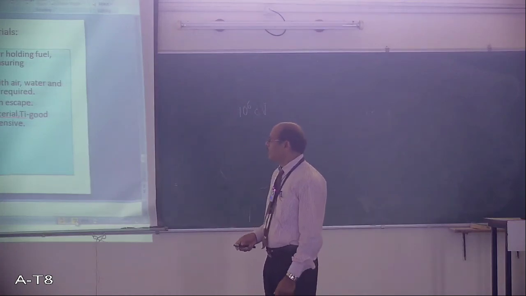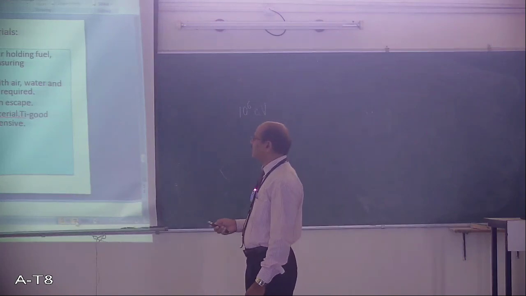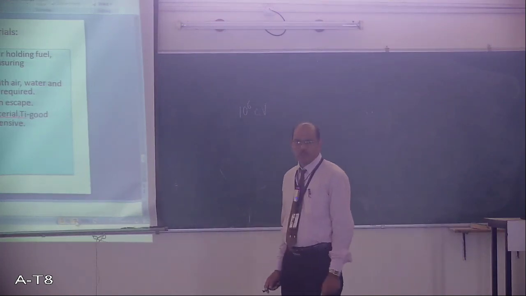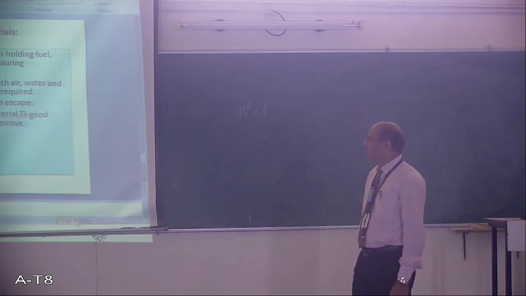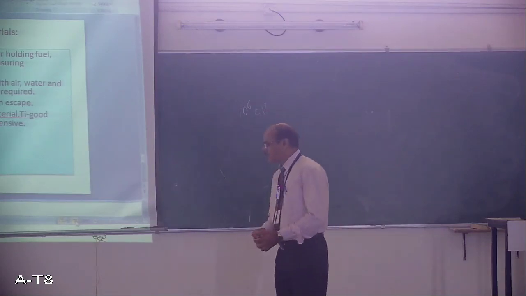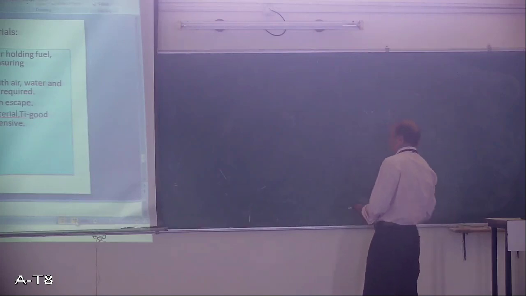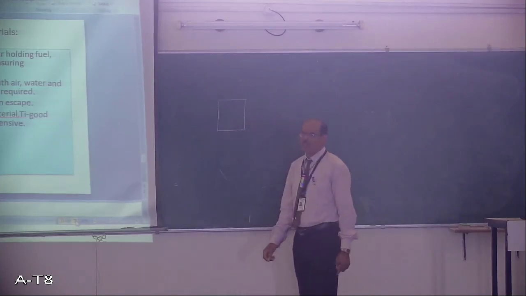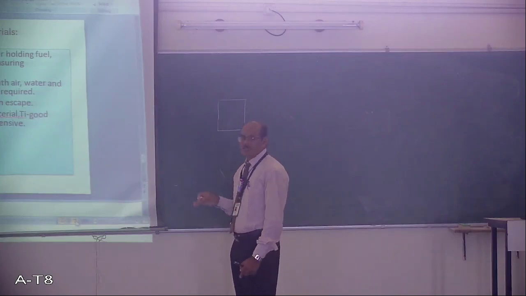To hold the fuel, and for the coolant also, for passing the coolant, there should not be any leakage of the coolant. Proper mechanical structural material must be used. And for control rods, and for measuring instruments, inside or outside the core. In the unit of the nuclear reactor, at one side you are going to fix a meter for the measurement of maybe the rate of the reaction or count rate, something like that.